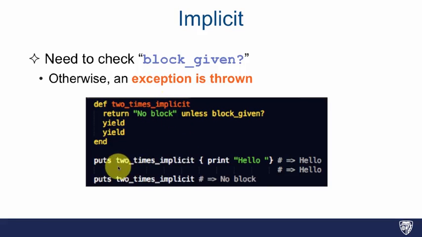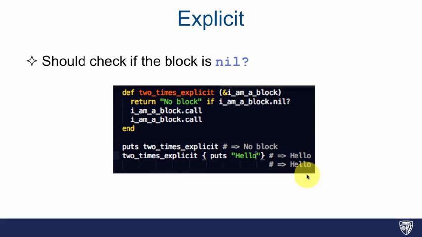So in this case, if you just call two_times_implicit and you don't pass a block, you just come back from it with a "No block" string which you return. But if a block is given, and in this case you're telling it to print hello, hello will be printed 2 times. That's the implicit way.